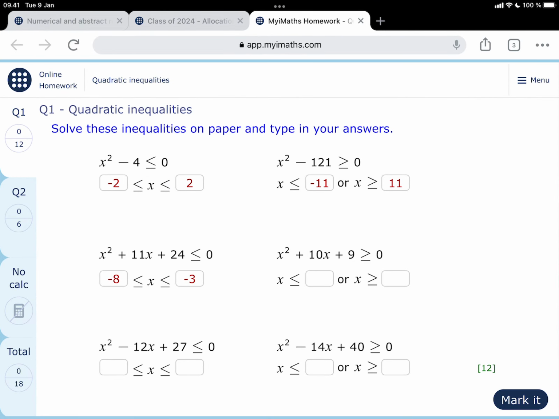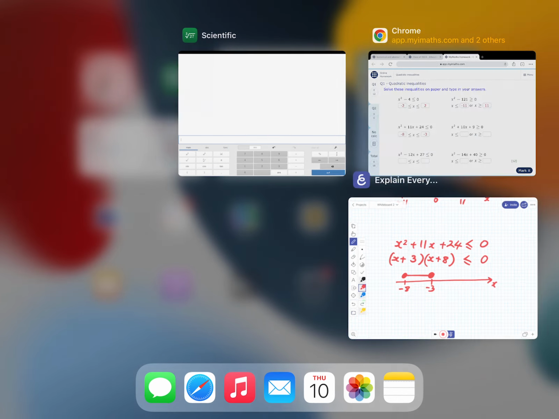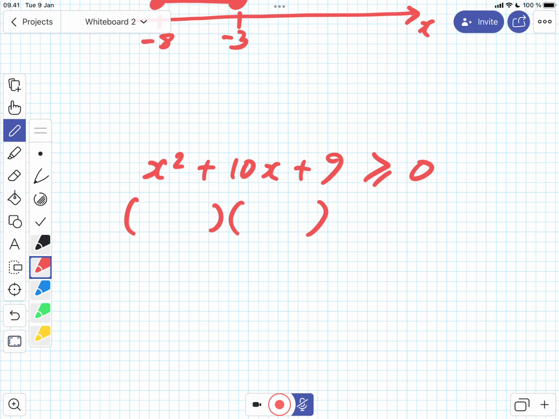Question 4. X squared plus 10x plus 9 greater than or equal to 0 this time. Let's just write that down. X squared plus 10x plus 9 greater than or equal to 0. So this one factorizes with 9 and 1.